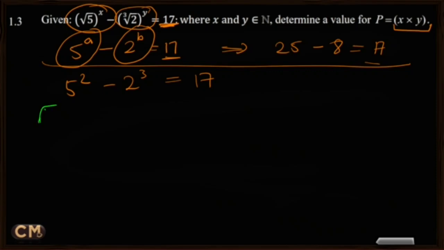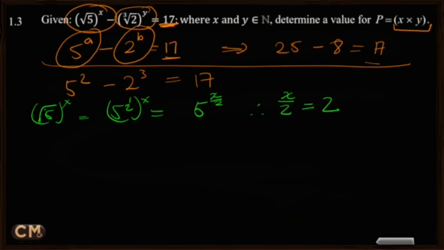Well, the square root of 5 to the power x can be rewritten as 5 to the power 1 over 2 all to the power x, which is equal to 5 to the power x over 2 in its final form. That means x over 2 being equal to 2 under this presumption, not assumption, we'll have that x is equal to 4.